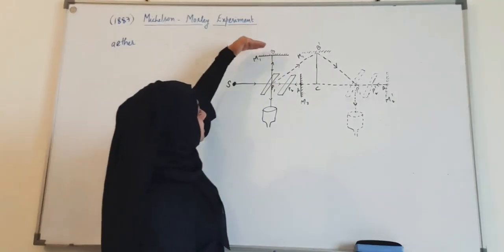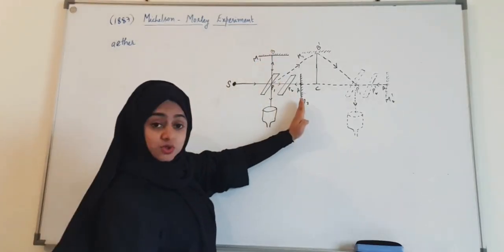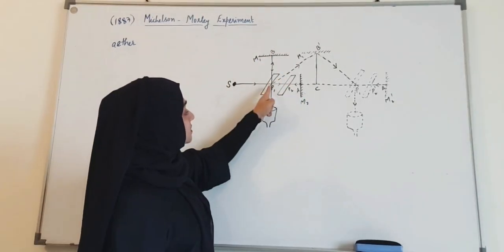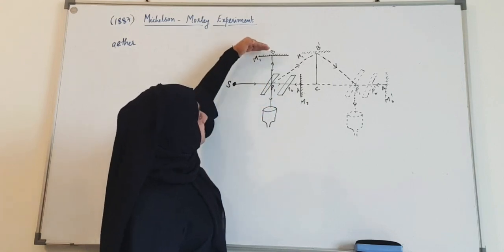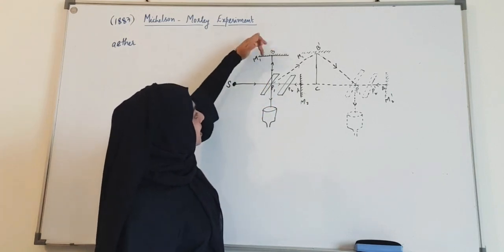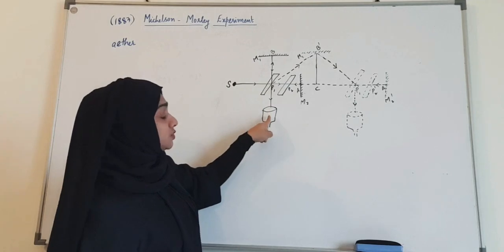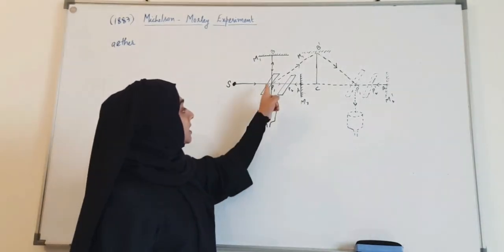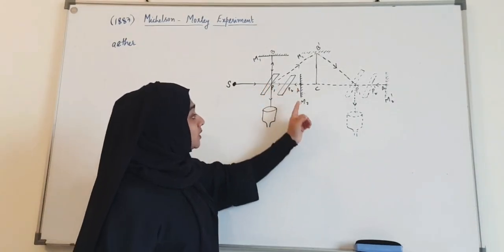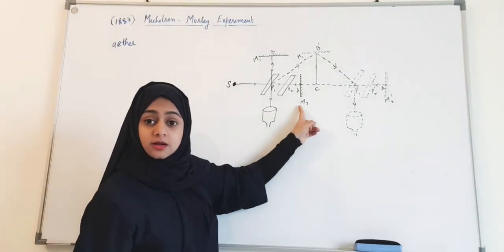So there are two mirrors here, M1 and M2. The light ray which gets reflected will go up, get reflected back by M1 and can be observed through the telescope. And the light ray that goes straight will get reflected by a mirror M2.